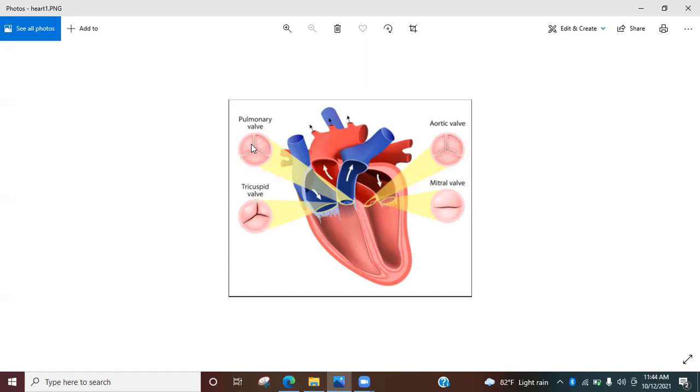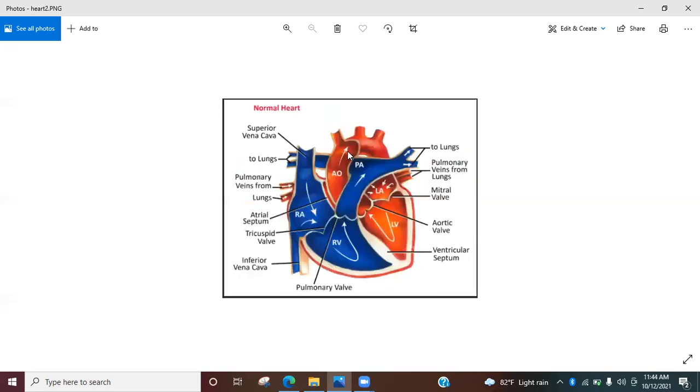Pulmonary valve or semilunar valve is located at the starting point of the pulmonary artery. And aortic valve or semilunar valve is at the starting point of the aorta. This picture shows a normal heart.